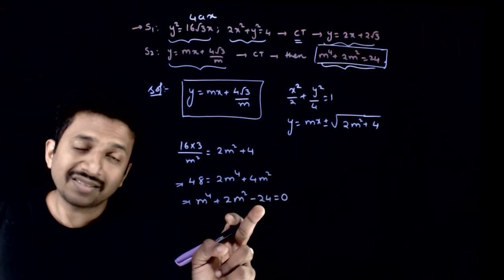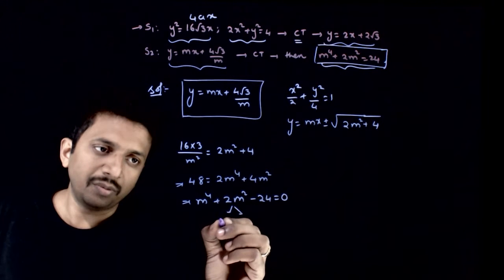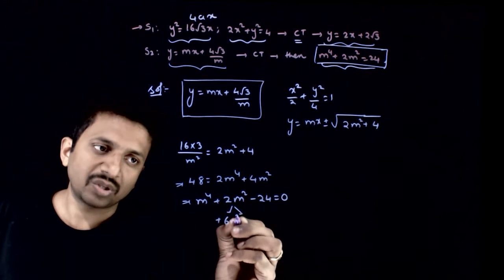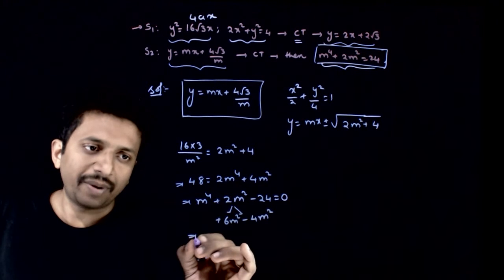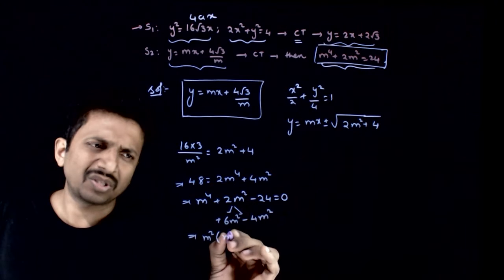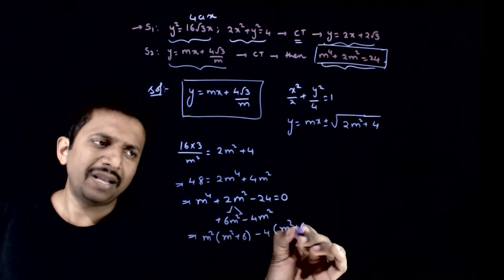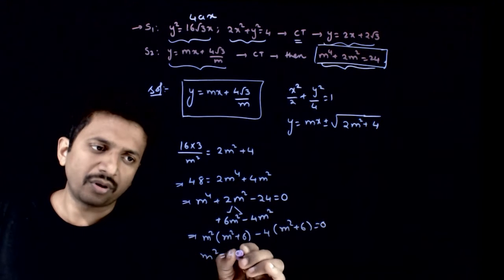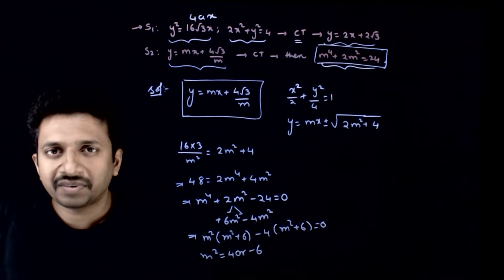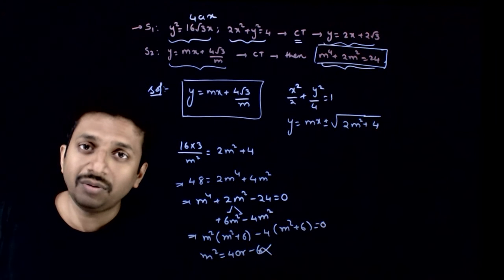You can see that 24 is 6 into 4, so this can be split into plus 6m square minus 4m square. This implies m square times m square plus 6 minus 4 times m square plus 6 is equal to 0. So m square is equal to 4 or minus 6. m square cannot be negative, so this is not valid. So m square is equal to 4.